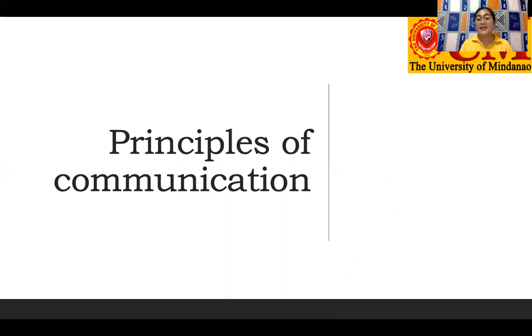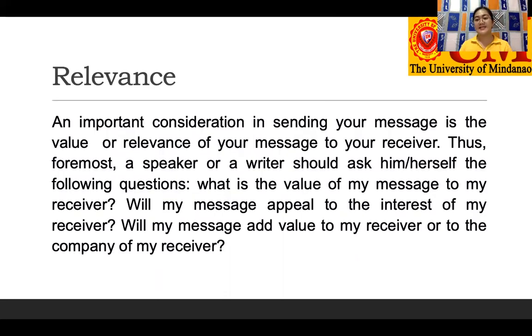And we will talk about principles of communication. So when we say principles of communication, these are: first, the message should be relevant. Why do we need to give relevant information when we communicate? To keep the interest of our listeners or our audience.